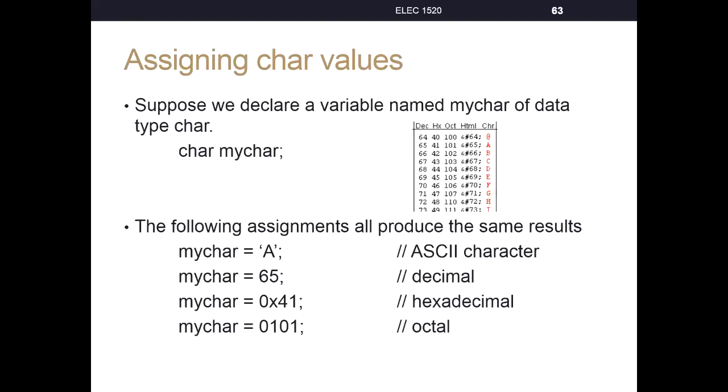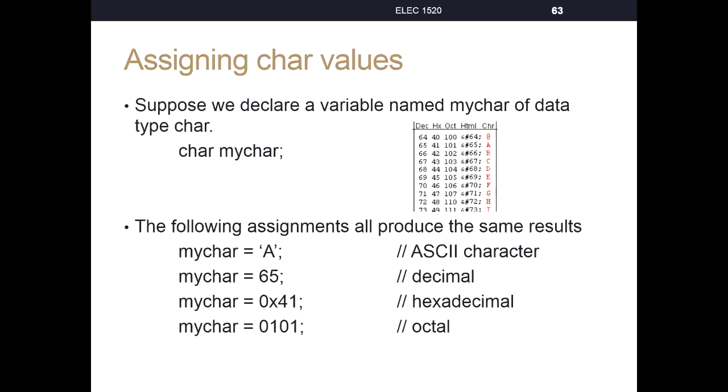If we want to assign the character A to the variable myChar, we use the character constant, which is in single quotes. We could also assign the value of 65 because the ASCII table says the decimal value of 65 is a representation of A. We could also assign the hexadecimal value of 41 because the hexadecimal representation of A is 41.